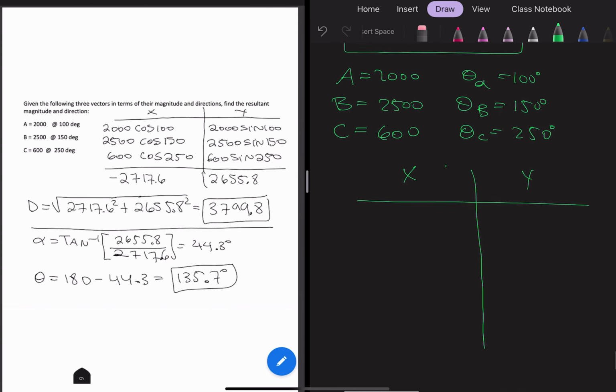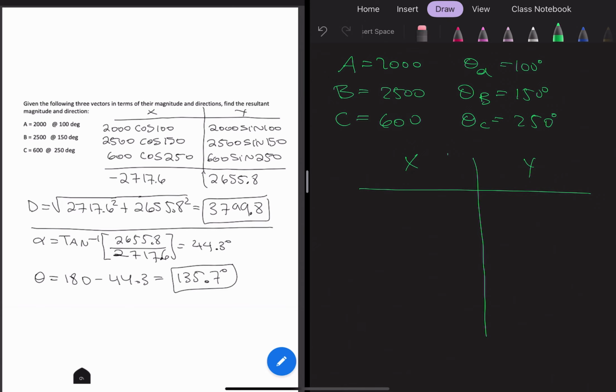So what we're going to do first is just get the components of each. For vector A, the x component is going to be 2000 times the cosine of 100. The y component of vector A is going to be 2000 times the sine of 100. For vector B, the x component is going to be 2500 times the cosine of 150.